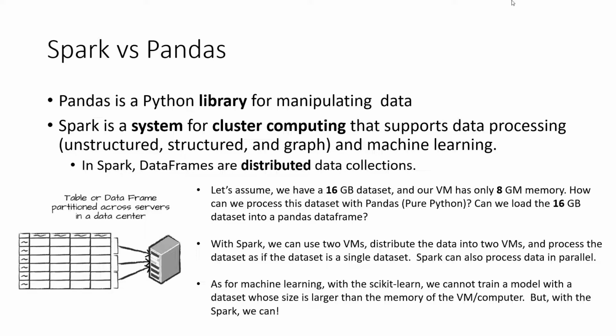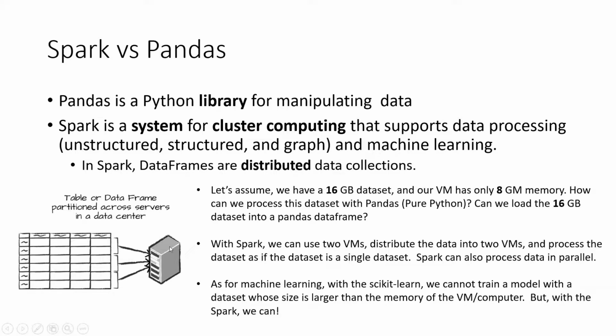A data frame in Spark is a distributed data abstraction, which means that the elements of the data frame can be located across multiple computers. For example, we can have a subset of rows in one server, another set of rows in another server, and so on.